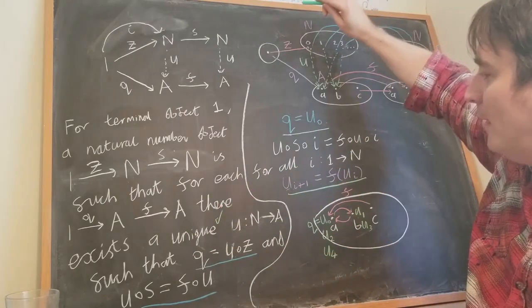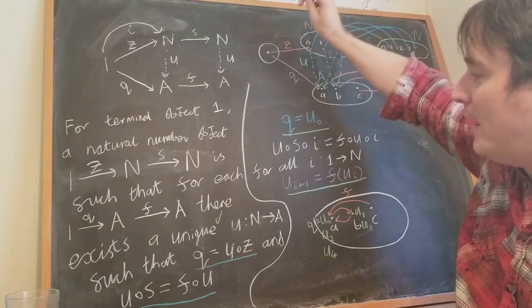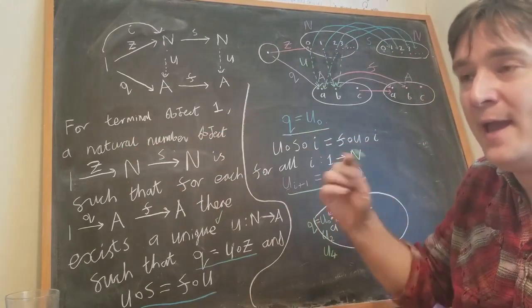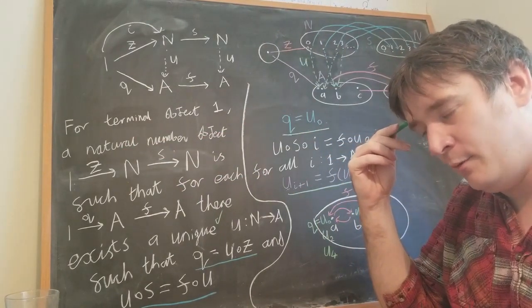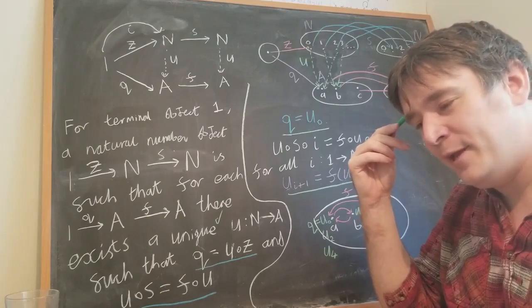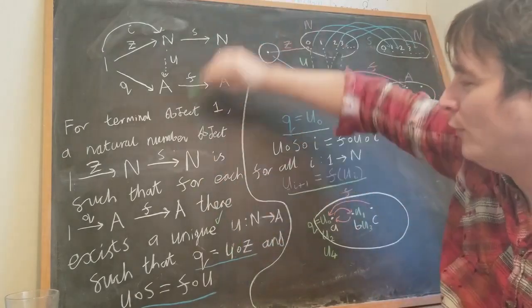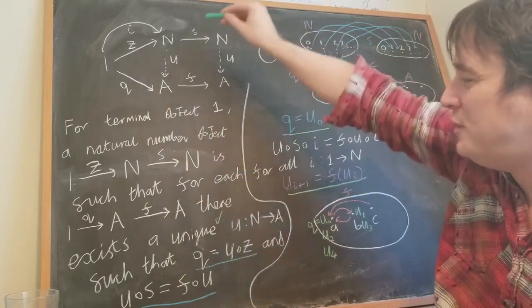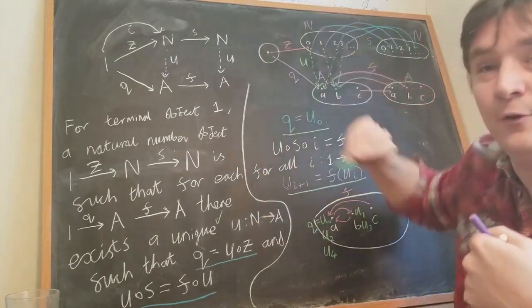So that means that the set of natural numbers in the category Set is a natural number object. But we're not really done, because how do we know that there aren't other things satisfying this definition which are nothing like the natural numbers?